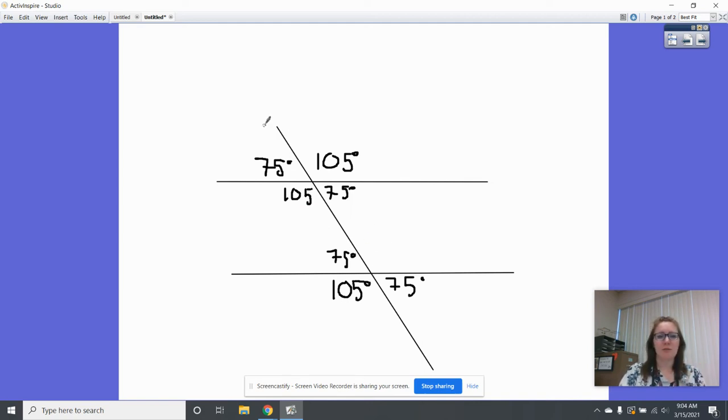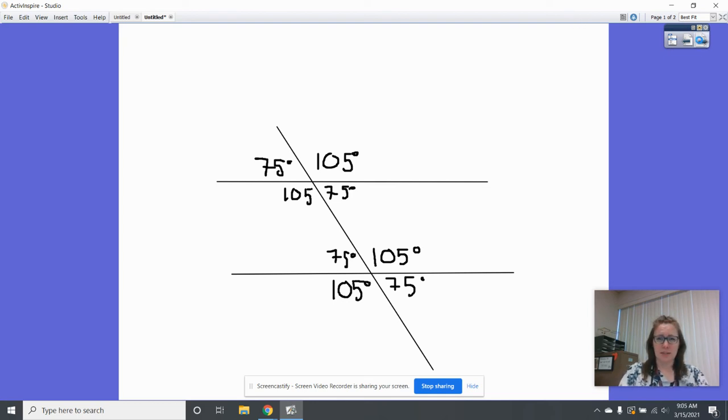But using the vocabulary of a transversal, this is an interior angle. So I go to the other parallel line still on the inside, and the other side of the transversal. This is the alternate interior angle, and it is congruent, so it's also 105 degrees. So using those few facts, I'm able to find all the missing angles that are created when I have two parallel lines that are intersected by a transversal.